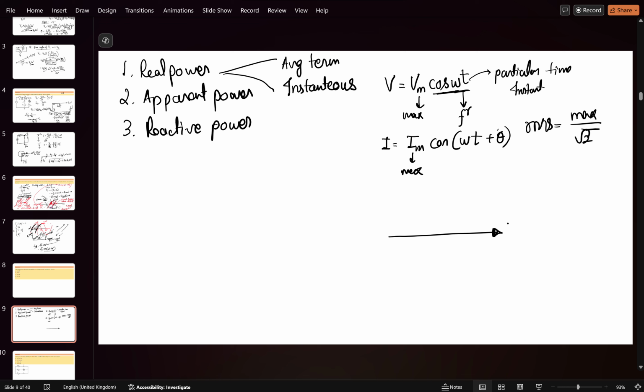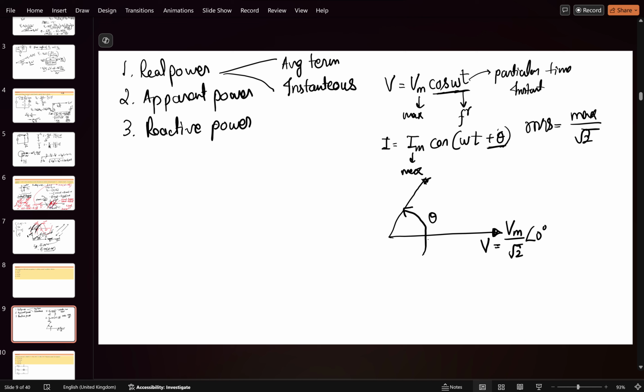So this becomes Vm by root 2 angle 0 degree. That is V. What about I? I has plus theta, and plus theta means anti-clockwise direction. It is leading V by an angle of theta.